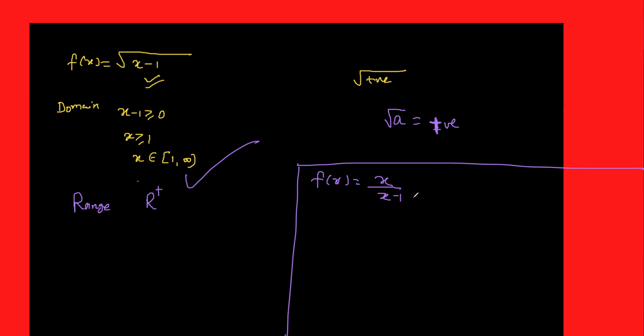So domain will be any real number other than 1. Why? Because whenever you put 1, the denominator becomes 0 and you know the denominator is never 0. So this is domain.